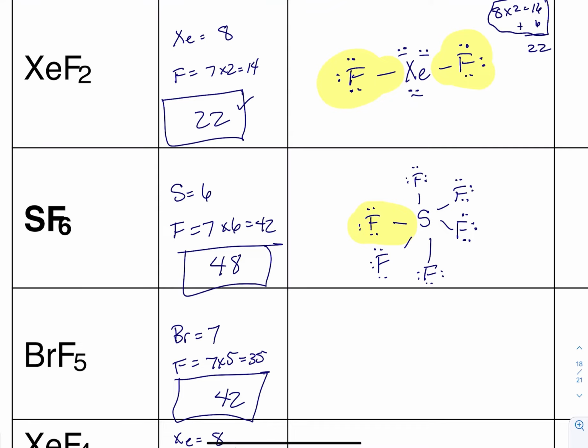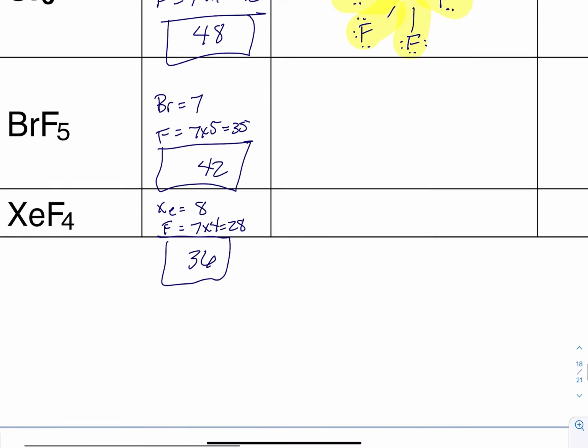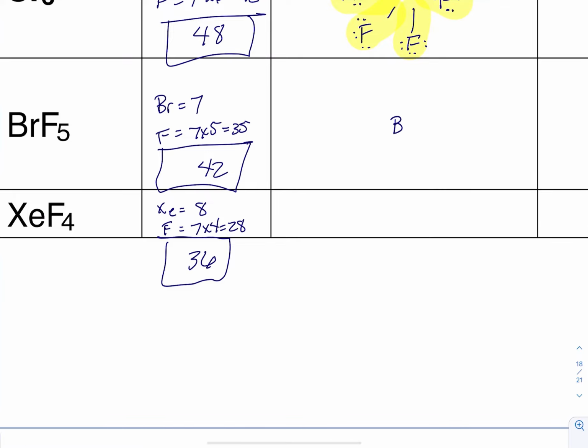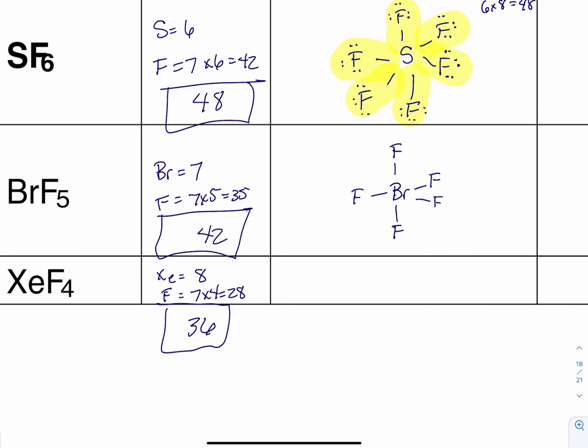So there's 1, 2, 3, 4, 5, 6. There are 6 times my 8, which is 48. And then we've got 2 more. Now BrF5: Br, and then F, F, F, F, F. Right now I'm starting with 42.